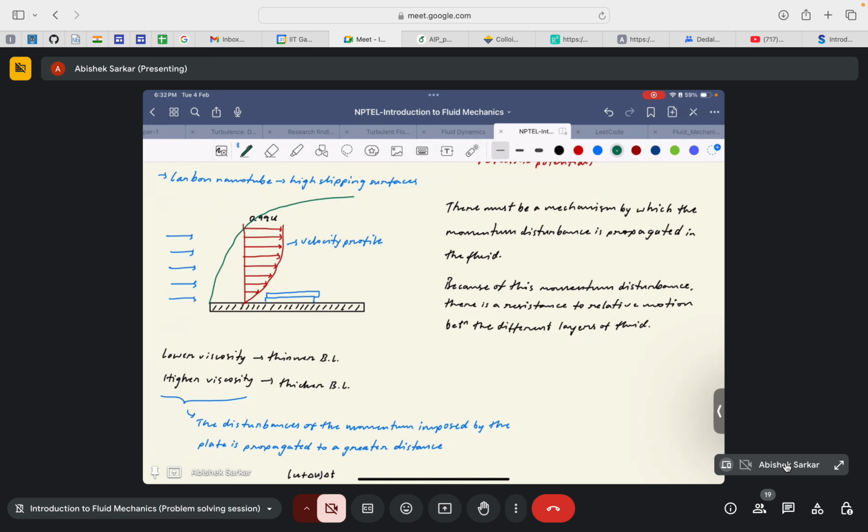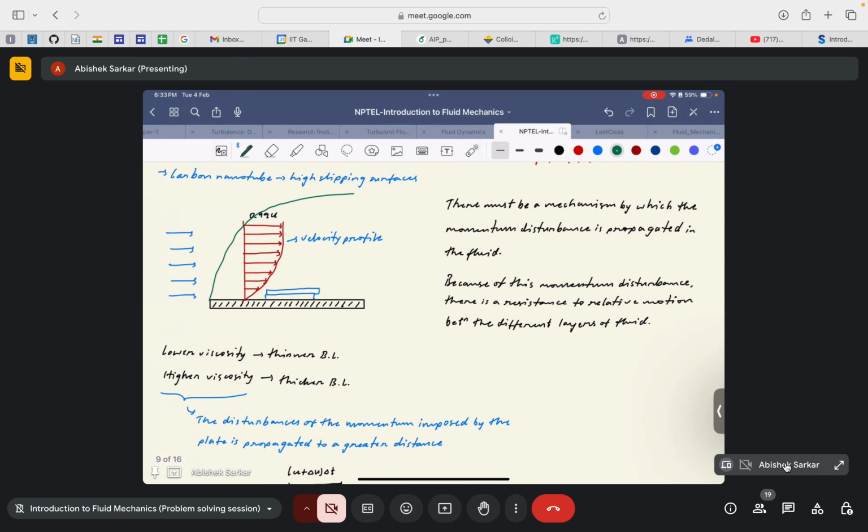But the fluid layer above the layer that is attached to the wall will experience two different types of forces. First is the momentum imparted by the lower layer, which will cause it to slow down. Then there is another force imparted by the layer just above it, which will try to pull it with a higher velocity because of the motion of the fluid far away from the wall.